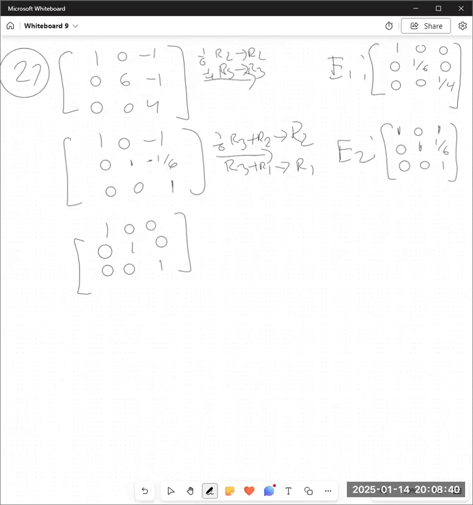And so that gives me an A inverse of E2, 1, 0, 1, 0, 1, 1/6, 0, 0, 1, times 1, 0, 0, 0, 1/6, 0, 0, 0, 1/4.